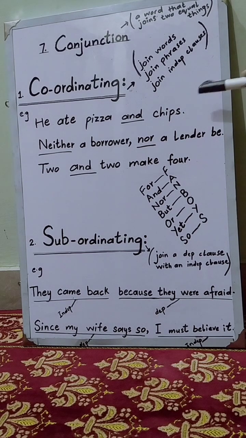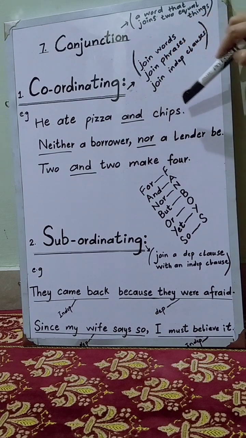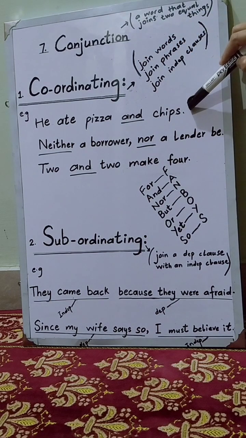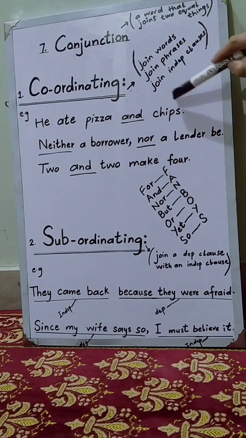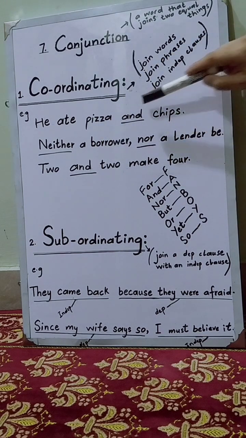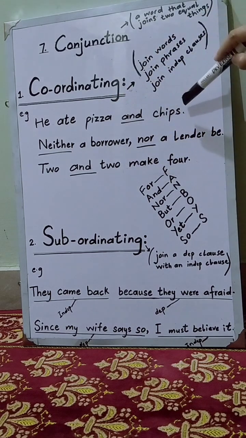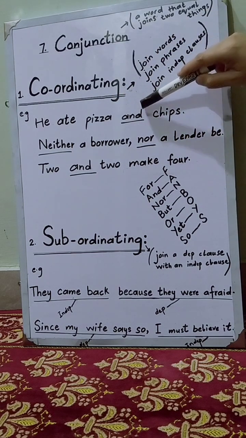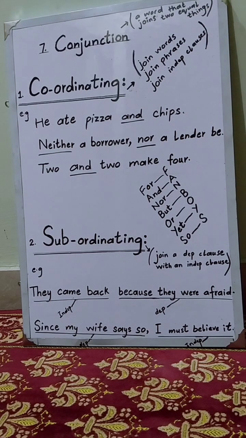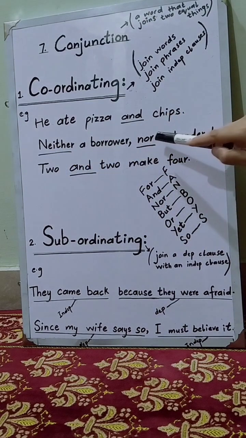Let's look through some examples. He ate pizza and chips. In this example, pizza and chips are both nouns, and and is a word that joins these two nouns together. So and is a coordinating conjunction here. Next example, neither a borrower nor a lender be.